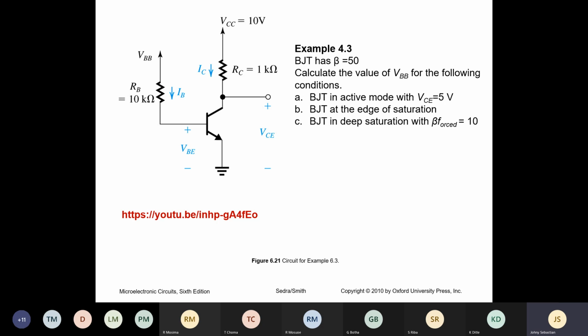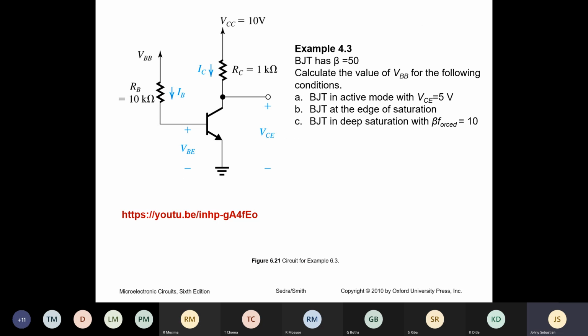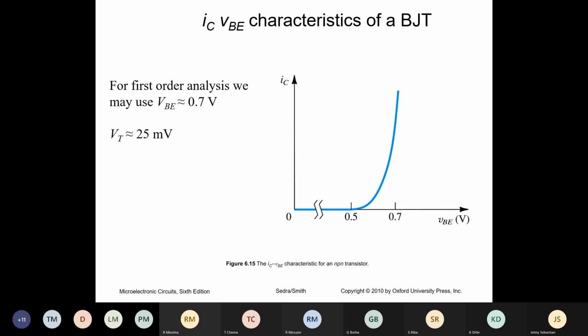All right, we reached back to the same slide. In the previous slide, the one before, we found something called first order analysis.